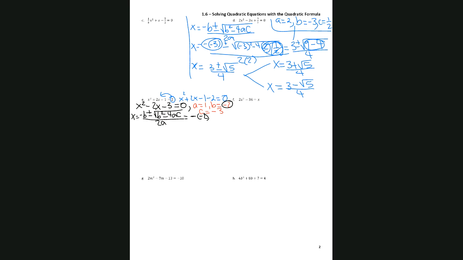Then plus minus the square root of (-2) squared minus 4 times 1 for A, and then times -3 for C. All of that divided by 2a, and a is equal to 1, so it would just be 2 times 1.